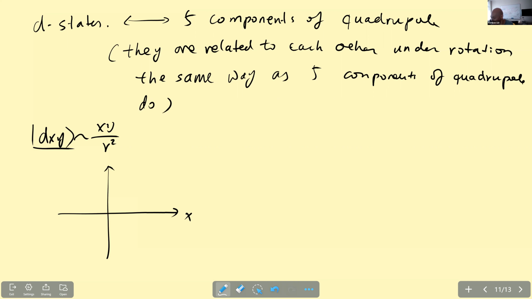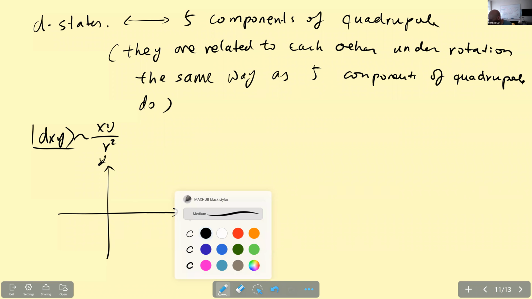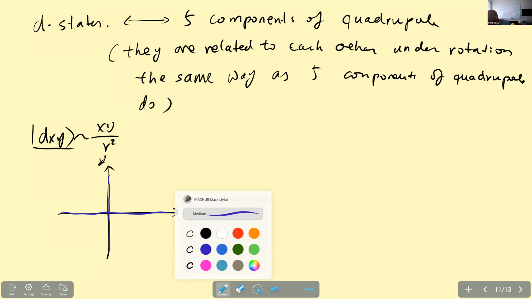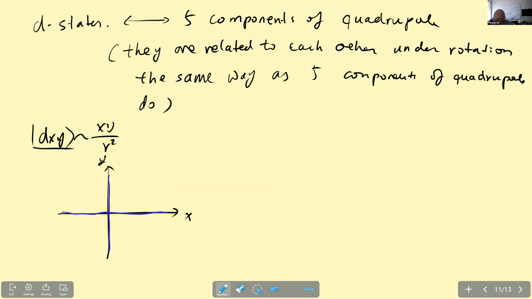Let's call this the x-axis and this the y-axis. Along these lines, when x equals 0 or y equals 0, it must be 0, right? And then it will be positive if both x and y are positive, or both are negative. But otherwise it's going to be negative. So this is negative, this is negative, this is positive, this is positive.